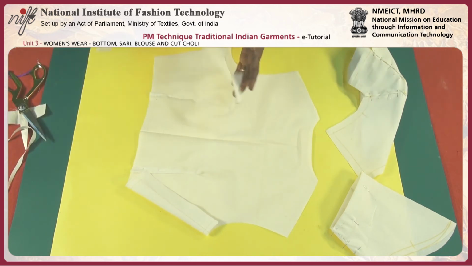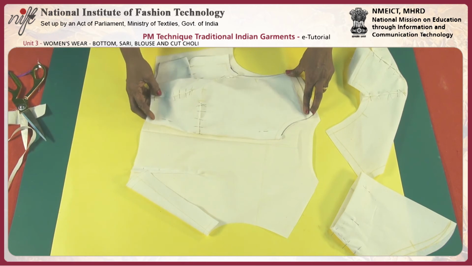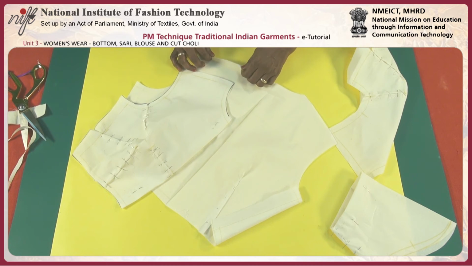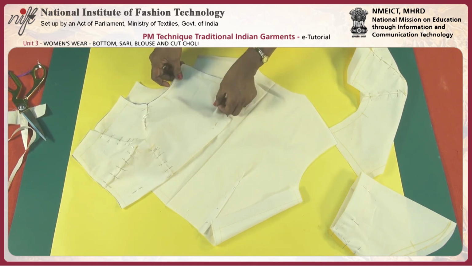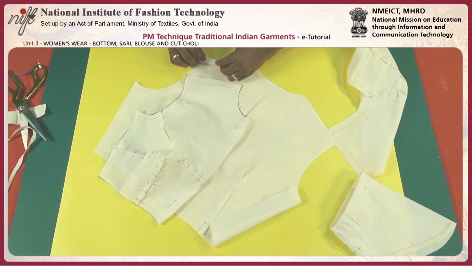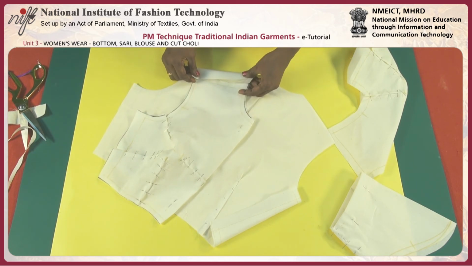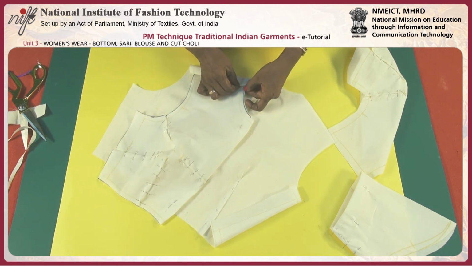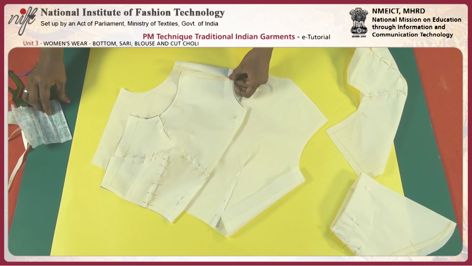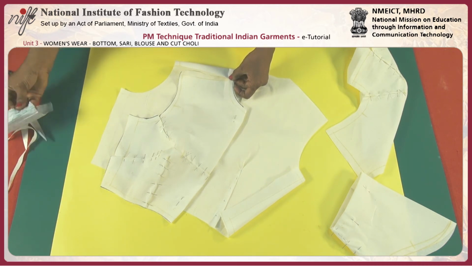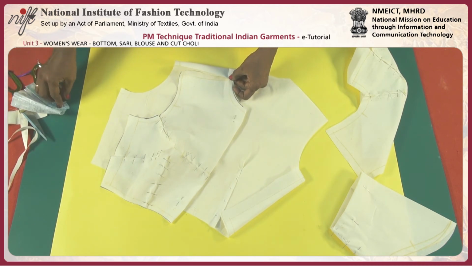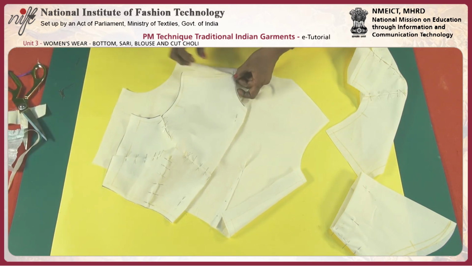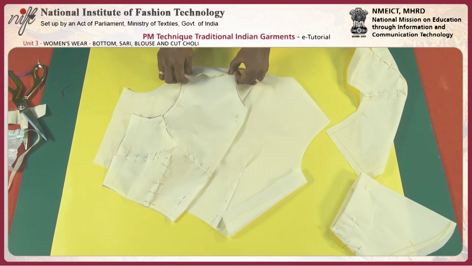Now place the right side to right side, crease the back shoulder, and attach the shoulders by matching the seam line.